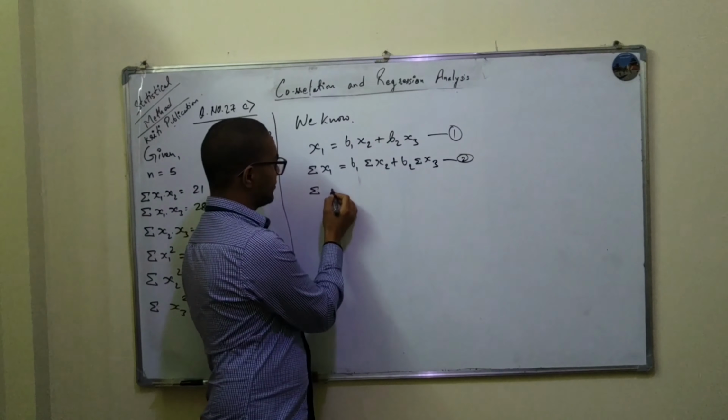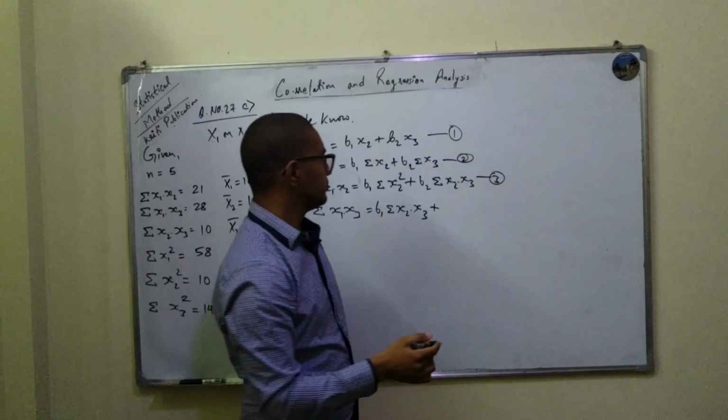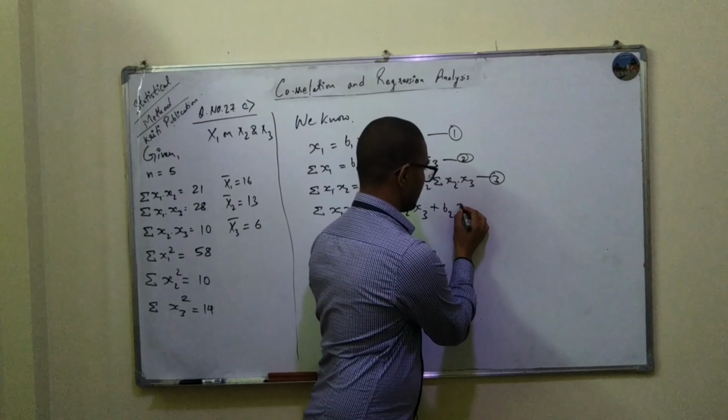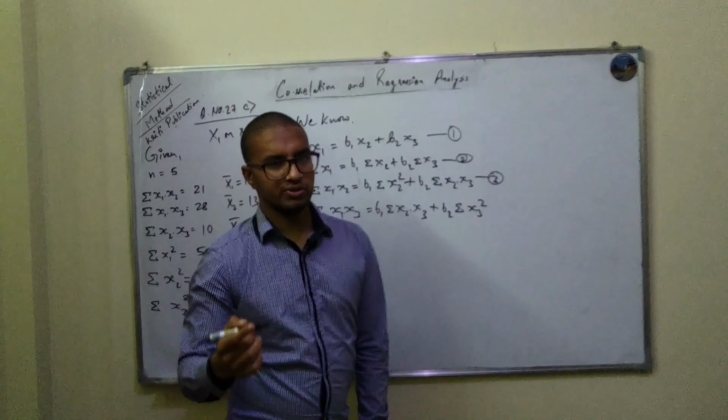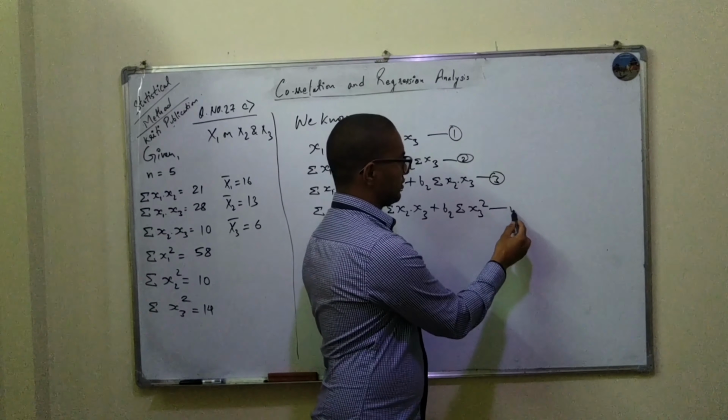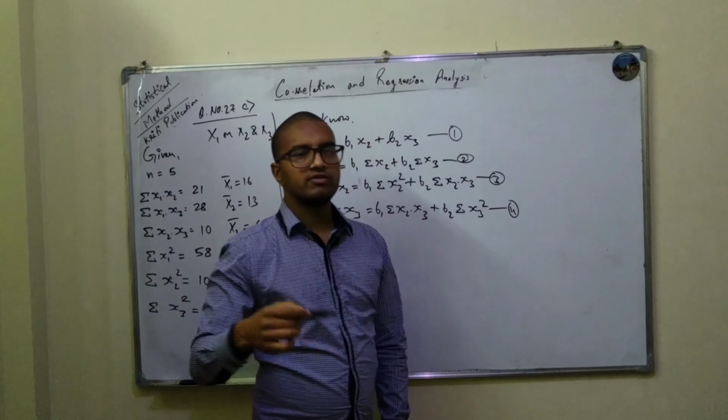Okay, this would be our third equation, and then the fourth equation would be multiplying with x3, right? b1 summation x2 x3 plus b2 summation x3 whole square. Okay, this would be your fourth equation now.